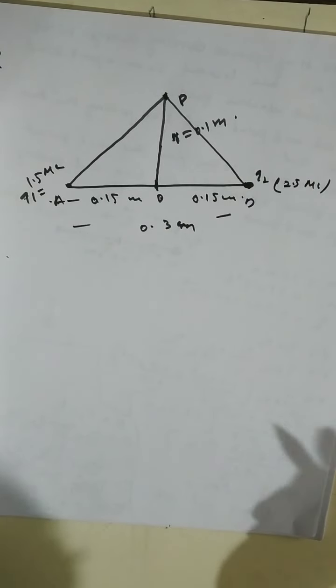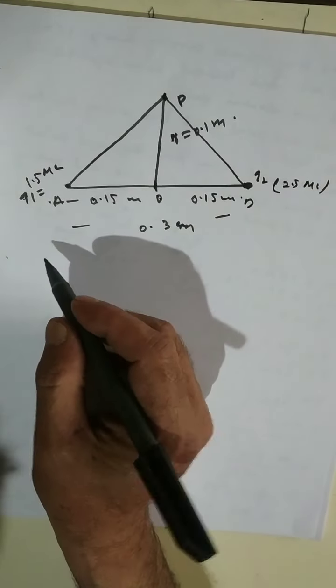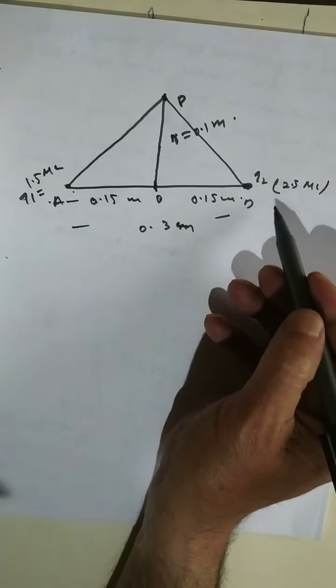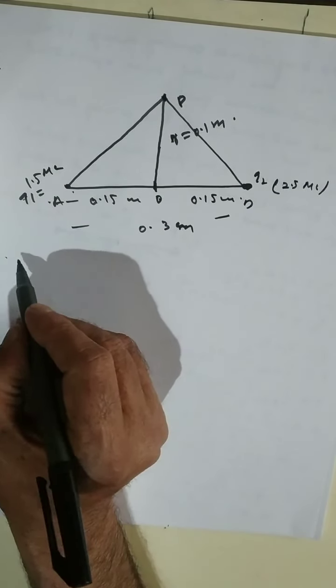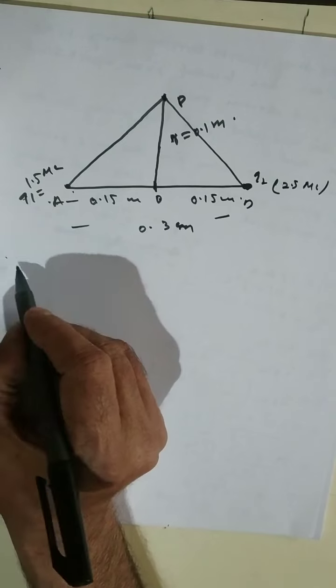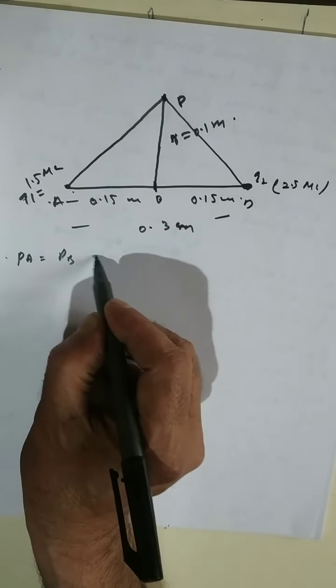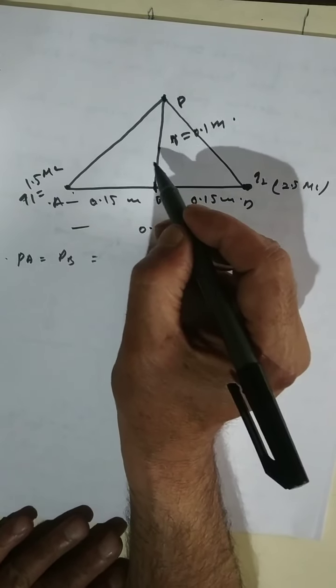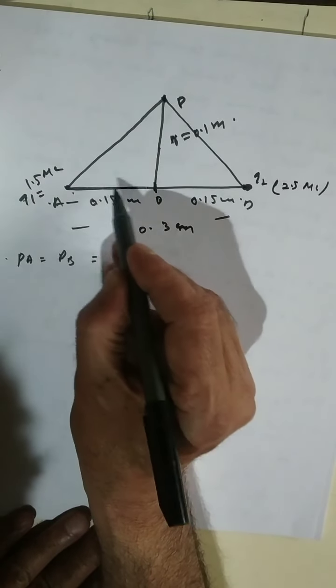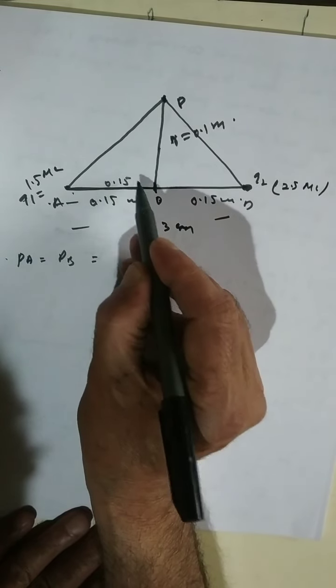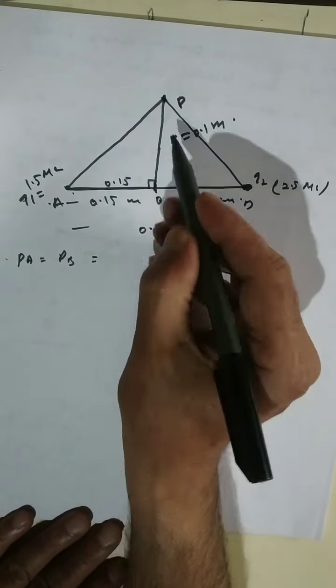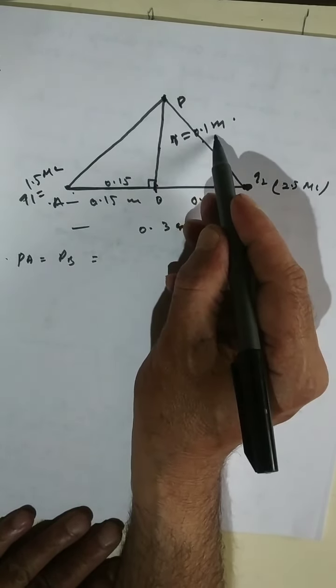Okay, now here these charges are equidistant, therefore PA is equal to PB. Look, this is a right angle triangle, this is our 0.15 meter, and the perpendicular given here is 0.1 meter.